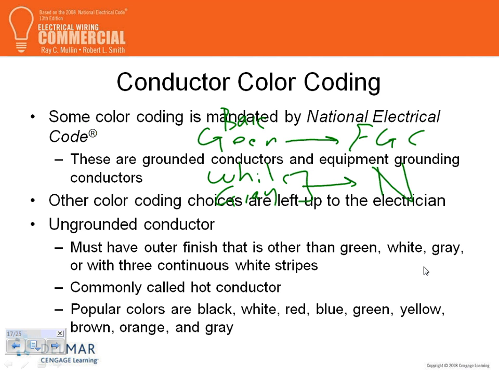Any other color than these could be the ungrounded conductor. That's for the most part. There are some exceptions and so forth. So here's the exception for the ungrounded conductor. These are the phase A, phase B, and phase C. You can use any finish that does not have green, white, or gray, or 3 continuous white stripes. You cannot use these as a hot conductor. Okay.